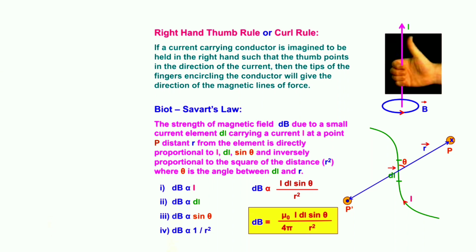Now here, when we remove this sign of proportionality, we need to add one constant, suppose k. So that k comes out to be mu naught upon 4 pi, where mu naught is the permeability of free space or vacuum. So we have the relation dB equals mu naught upon 4 pi I dl sine theta upon r square.